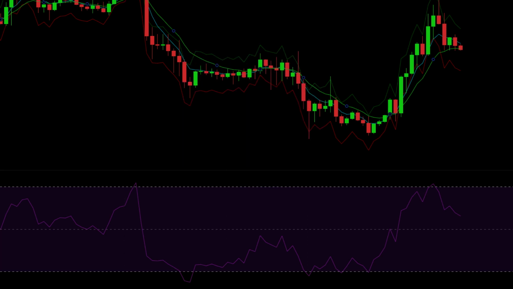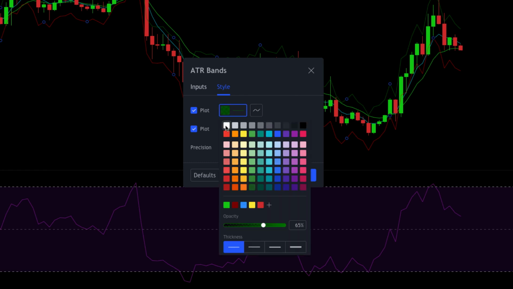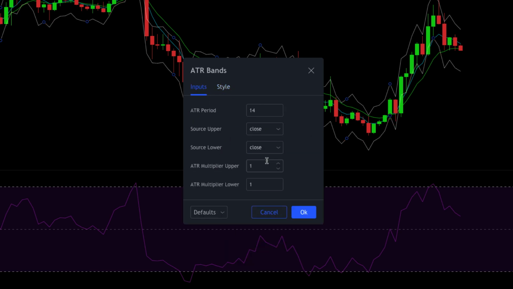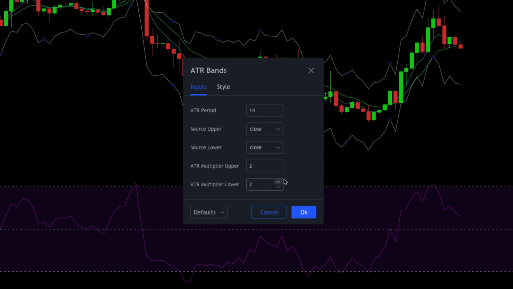We're going to use the ATR bands, and that will be for our stop loss. We'll make both those lines white. And we are going to set it at 2 times ATR for the upper and lower bands.